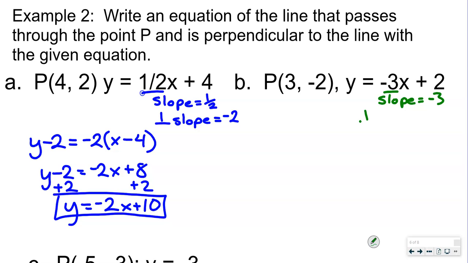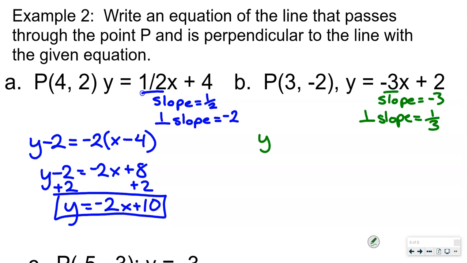So the perpendicular slope is the opposite reciprocal of that. Opposite meaning opposite sign, so it's going to be positive. Reciprocal, flip the fraction. So 3 over 1 becomes 1 over 3. So we're going to use the slope 1 over 3 with the point 3, negative 2.